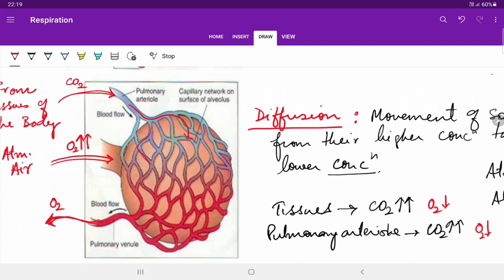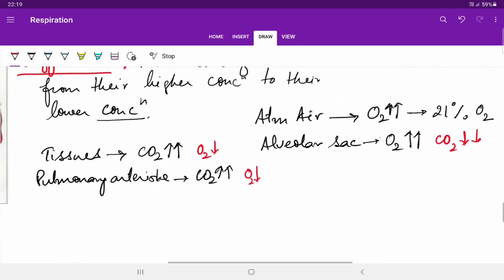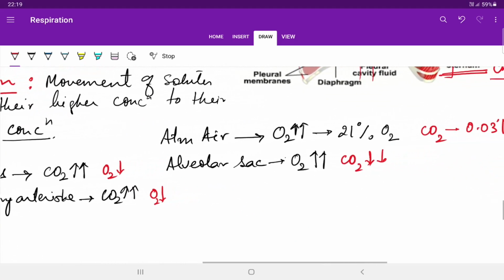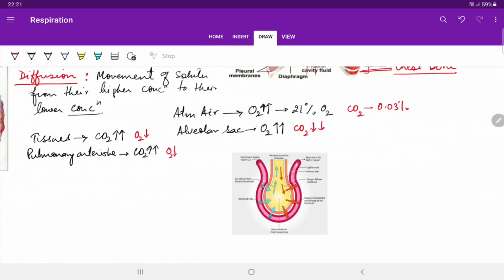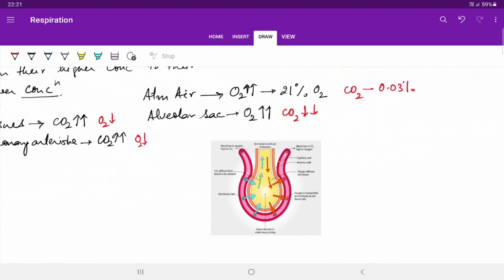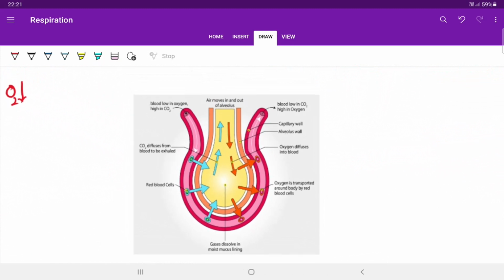So, this diffusion process is not a biochemical process, it is a simple mechanical process. And here, the energy is not required, ATP is not required because of the huge concentration gradient. Understanding the diffusion through this diagram, we can see that it is an alveolar sac.